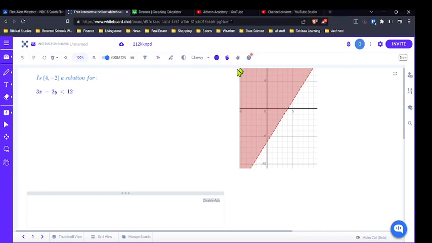All right, everyone. I'm doing this video to show you a couple of different things today, but we're answering the question: is (4, -2) a solution for this equation, 3x - 2y < 12, which is represented here graphically?